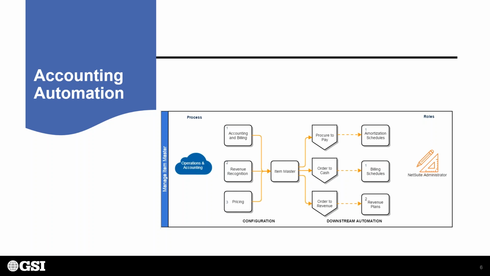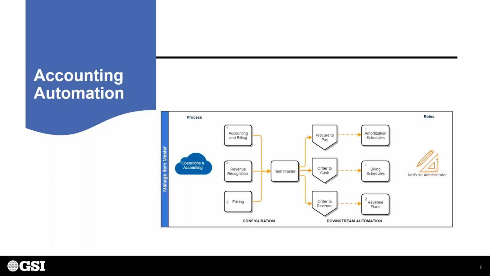On the order to cash side, it allows you to create billing schedules. So for instance, if you have a monthly time and material project, you can create a monthly billing schedule to pick up all the charges that have been accrued against it. And then revenue plans, which are the ability, if you have clients or customers paying up front for termed services or subscriptions, that you need to defer revenue recognition over that term to some degree.